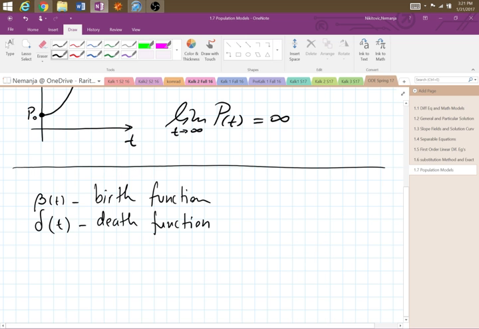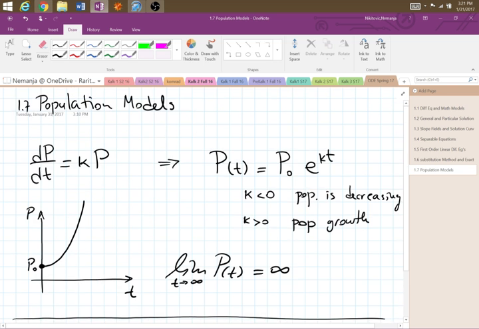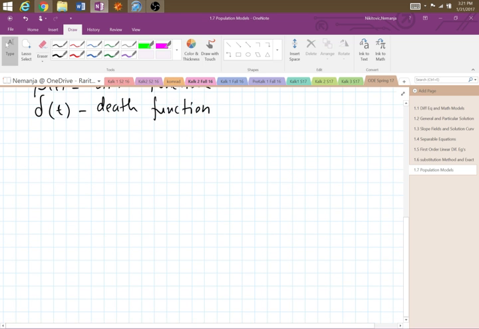So now the difference between the two is what we are going to put instead of k, which was the constant growth. So we don't want the constant growth because, as I said, situations change, and there is obviously impact.